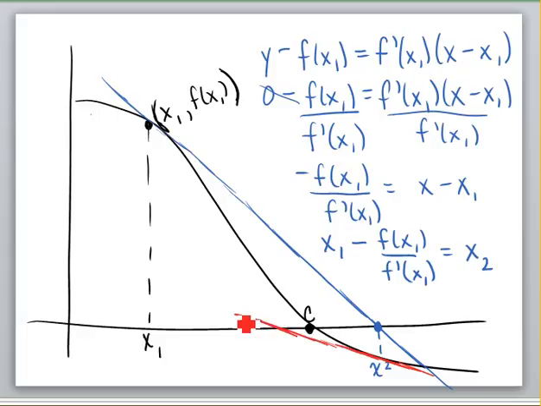Notice what happens this time: my new x value has now gotten closer and closer to c. So basically what we're doing is going back and forth between two values to come up with this c, this x-intercept.